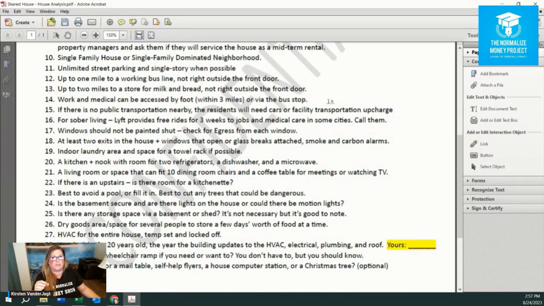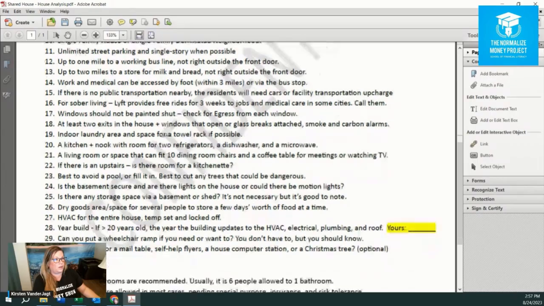So if the house is out in the country, that is not going to be a good house, just letting you know right now. If there's no transportation, it's not going to work.